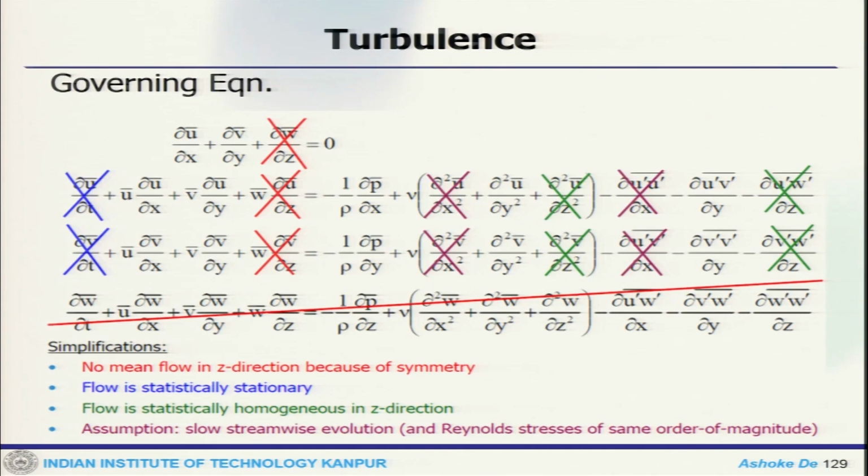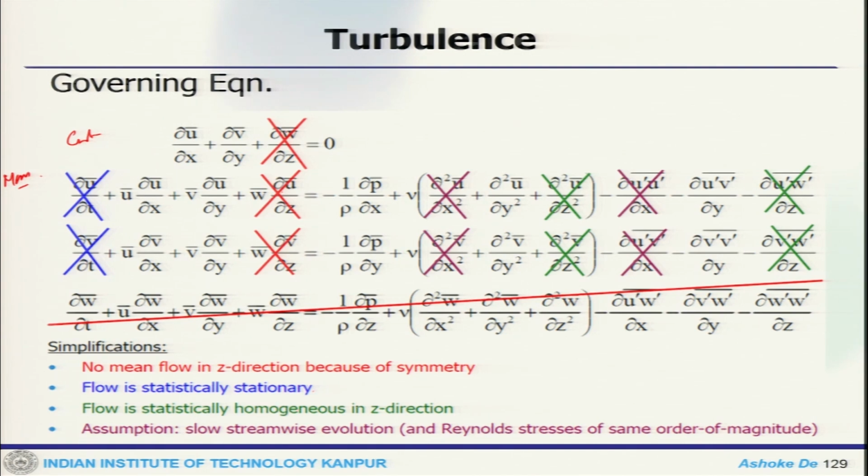Now, how did we simplify the governing equations? So, we had the continuity equation and the momentum equation in 3 dimensions in the Cartesian coordinate system. There is no mean flow in the z direction because of the symmetry, so these terms go off. Flow is statistically stationary, so the unsteady term goes off.